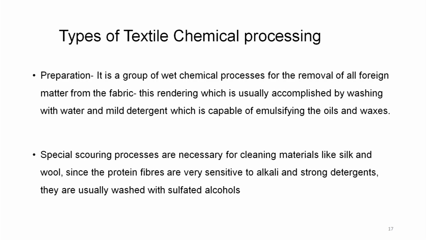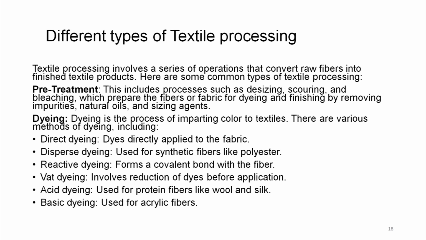Special scouring processes are necessary for cleaning materials like silk and wool, since protein fibers are very sensitive to alkali and strong detergent. They are usually washed with sulfonated alcohols.